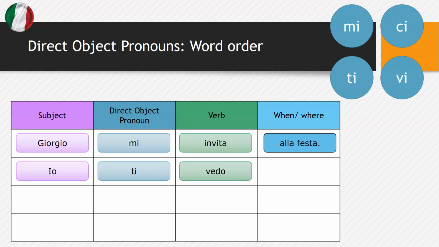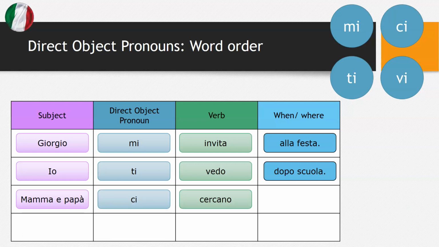Let's look at another example. Io ti vedo dopo scuola. I see you after school. So you can see again that direct object pronoun is coming immediately before the conjugated verb. Mamma e papà ci cercano da un'ora. Mum and Dad have been looking for us for an hour.